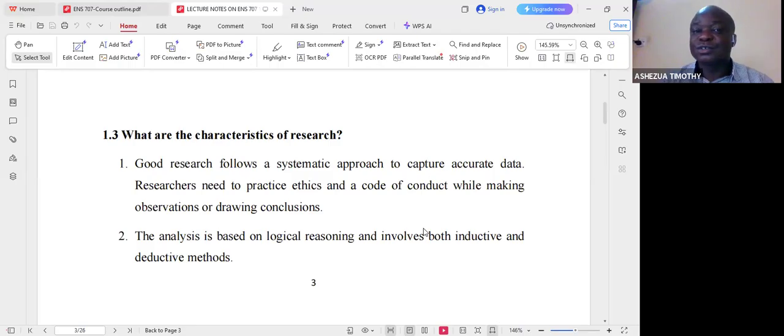I explained to you what is inductive and deductive method. It has to follow a certain logical reasoning so that you can draw conclusion. I give an example for the inductive reasoning. We said those who do this weekly practice test improve their performance.